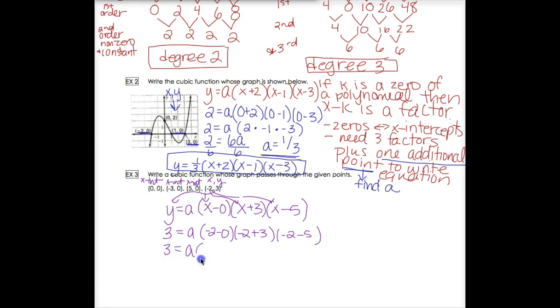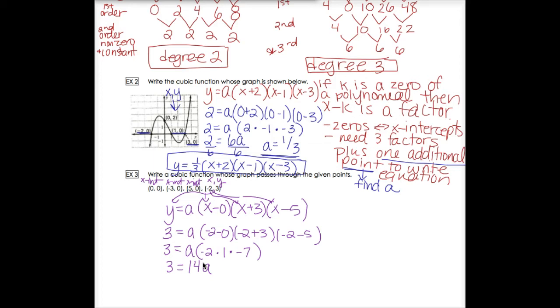And now, -2 minus 0 is -2. I've got times -2 plus 3, which is 1, times -2 minus 5, which is -7. So, -2 times 1 is -2. -2 times -7 is positive 14. So I've got 3 equals 14a.